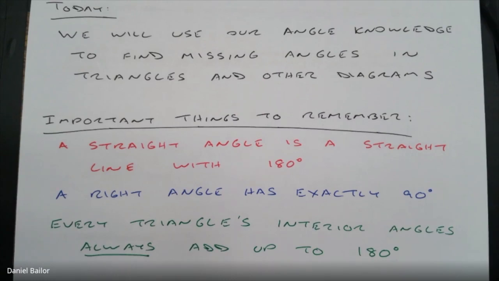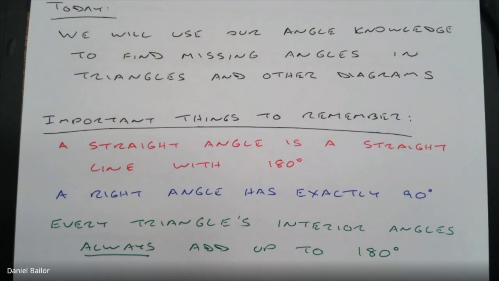It is also important to remember that every triangle, every single triangle ever, if it has 3 sides, all the interior angles of the triangle, there are 3 inside angles of a triangle, and every triangle, the inside angles always add up to make 180. A triangle has 180 degrees on the inside.